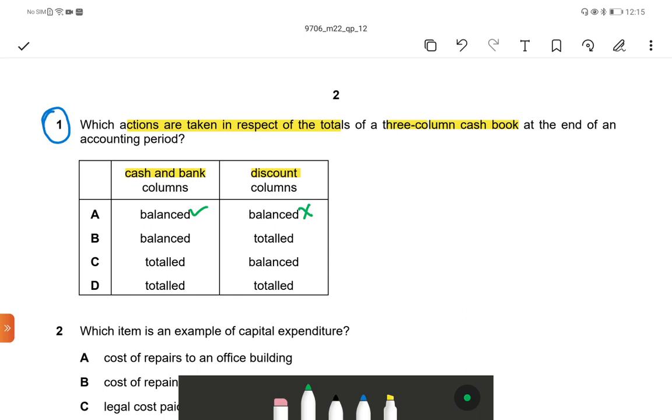Second option B: balanced, and the discount column will be totaled. So in the cash book, always only the cash and bank column will be balanced, and the discount column will be totaled and transferred to the discount allowed or discount received account. Correct answer is B.